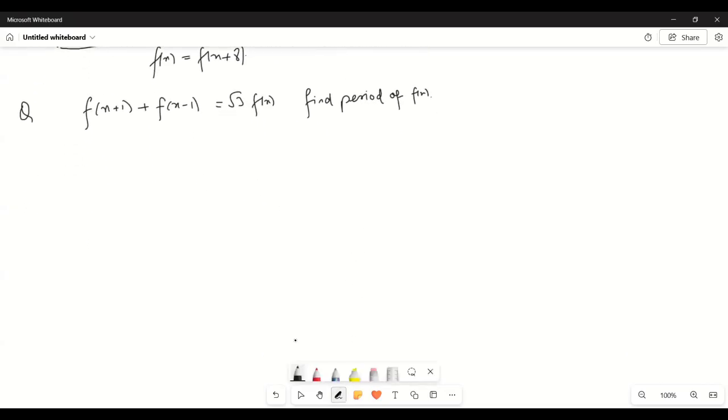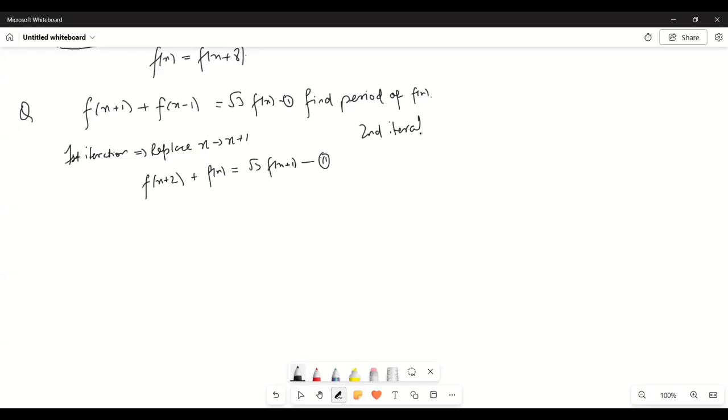So to solve this, what we do is first iteration. We replace x with x plus 1. तो ये देगा f of x plus 2 plus f of x is equal to root 3 times f of x plus 1. So let's say this is equation 1. ये तो equation 1 है. Let's say this is equation 2.